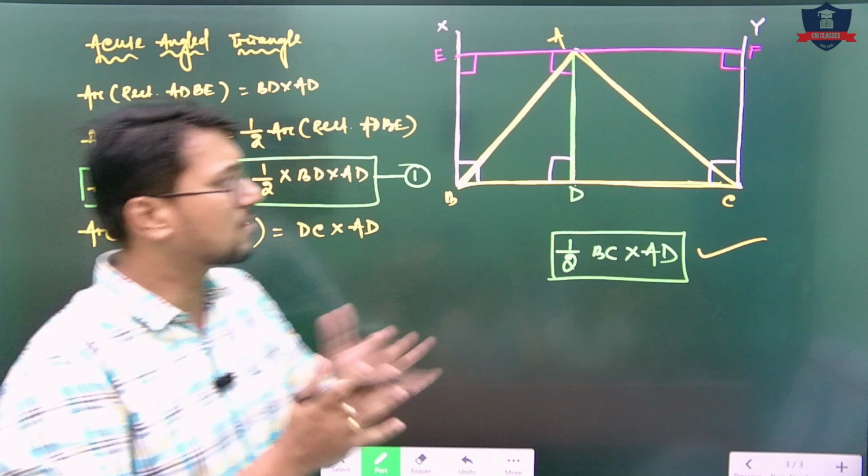We can write this implies area of ADC equals half into area of ADCF. Half into DC into AD. Is that clear, everyone? Who is in doubt? This is equation number 2.